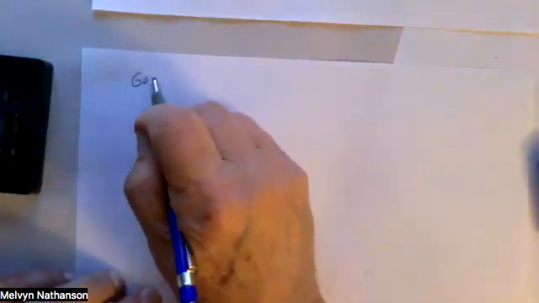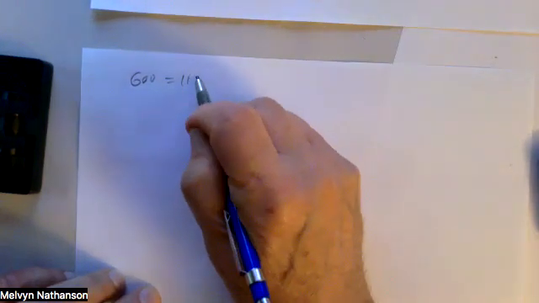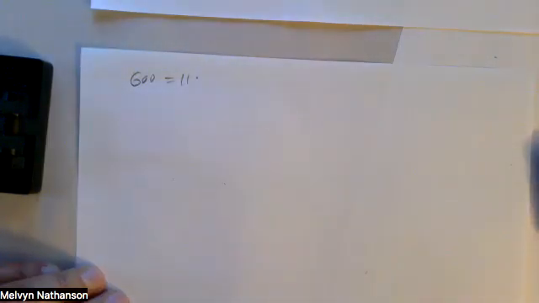So if I take 600 and I divide it by 11, I get a quotient of, let's see, 11 into 600, 55, 50, 44, 6.